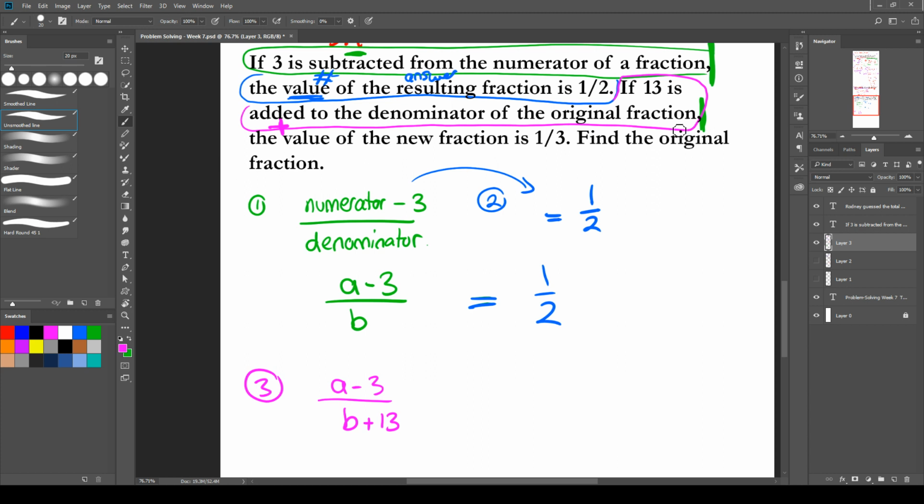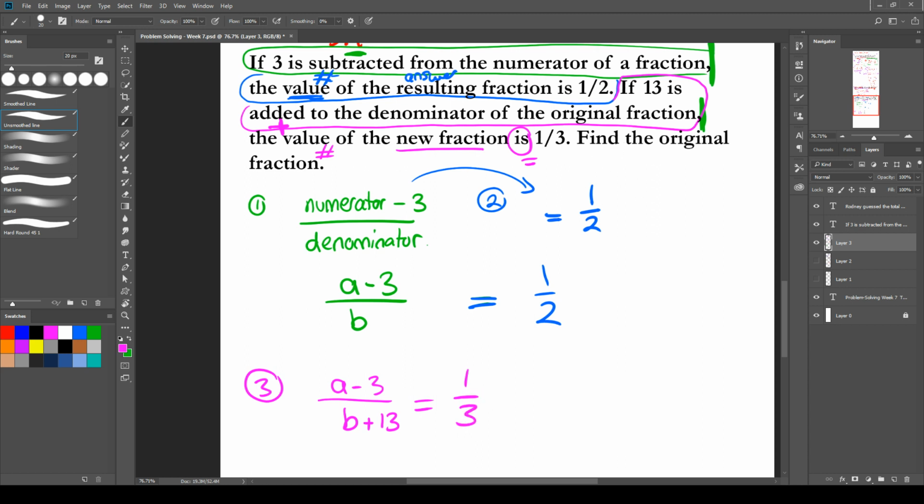The last sentence here, which I haven't highlighted, says the value of the new fraction, so the number of the new fraction, is another way of saying equal sign. So the value of this new fraction is equal to a third.